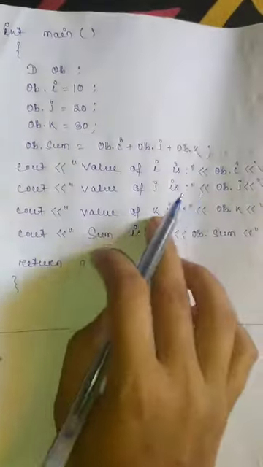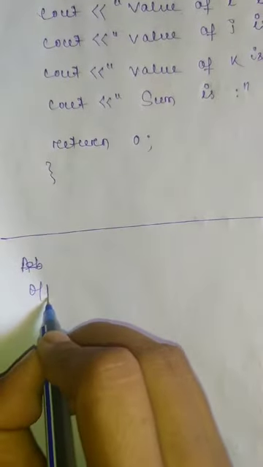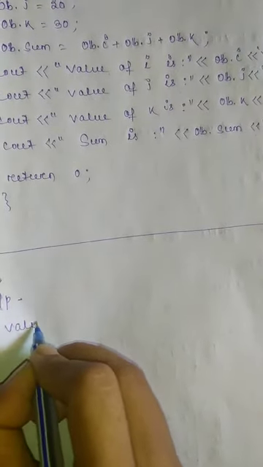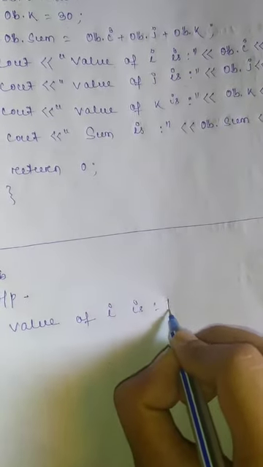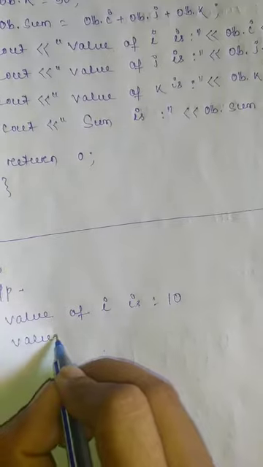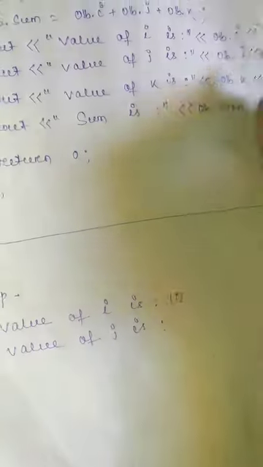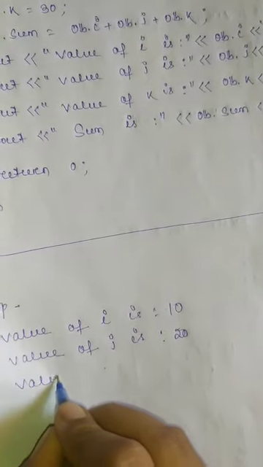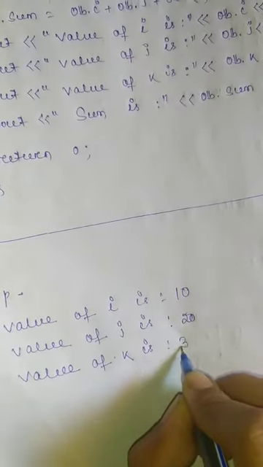So what will be the output? The value of I is 10, the value of J is OB dot J, which is 20, the value of K is OB dot K, which is 30.